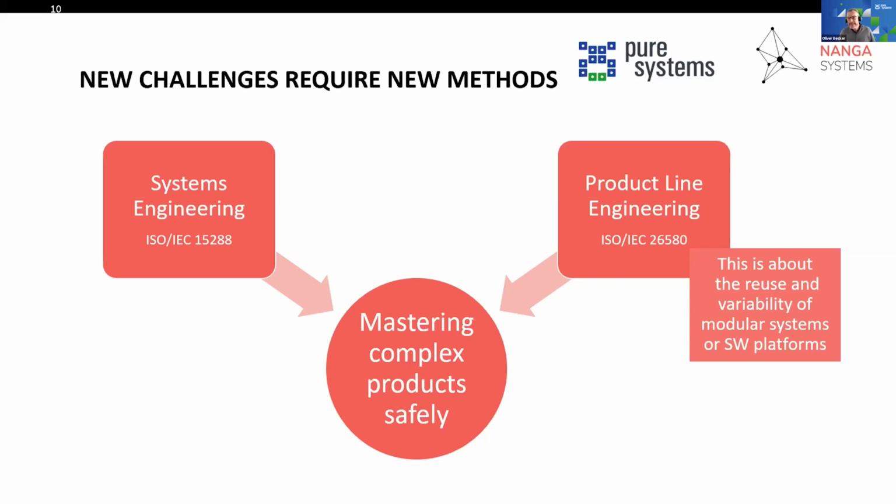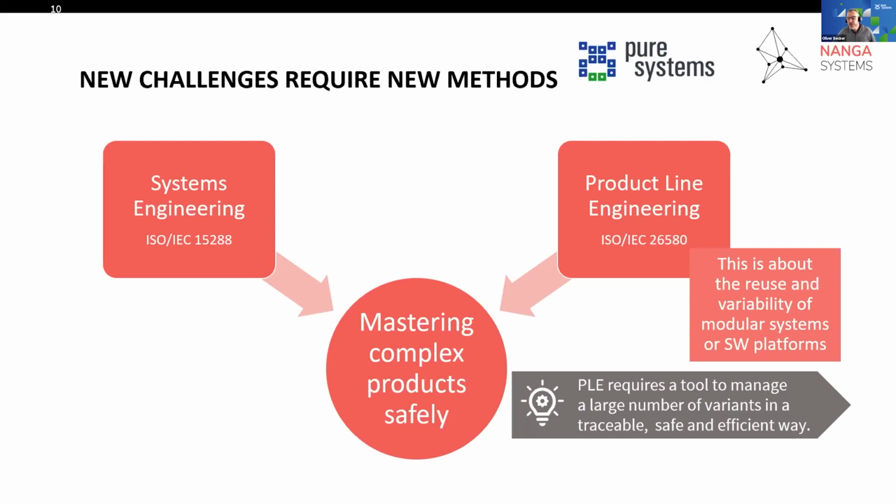But this automatically leads to a consequence. It is a little bit like two sides of the same coin. You have the advantage of this methodology, but on the other side, it will lead to variance for sure, because you reuse a set of components or modules, and this will lead to a large number of variants.